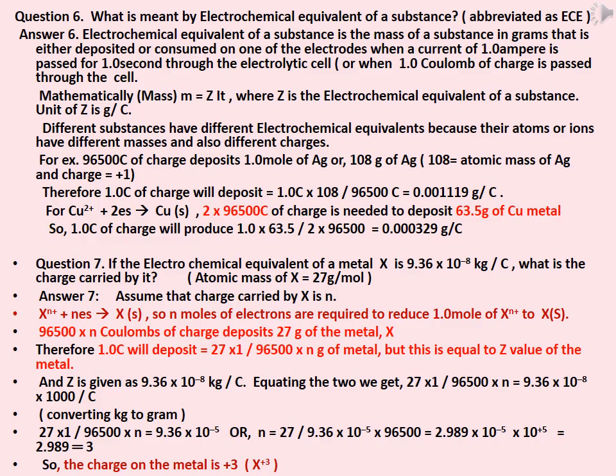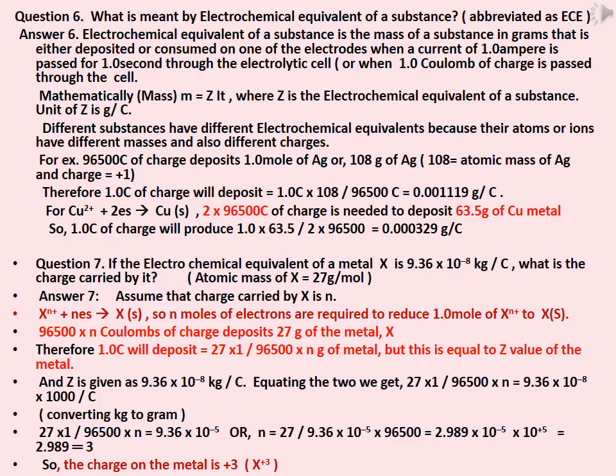Therefore, 1 coulomb of charge will deposit how much silver? 1.0 coulomb into 108 divided by 96,500 coulombs, that is equal to 0.00119 gram per coulomb.